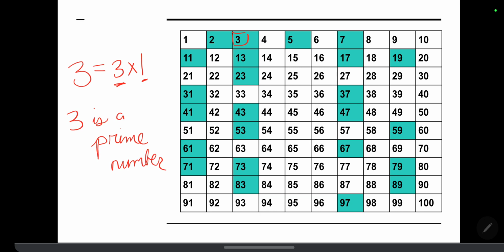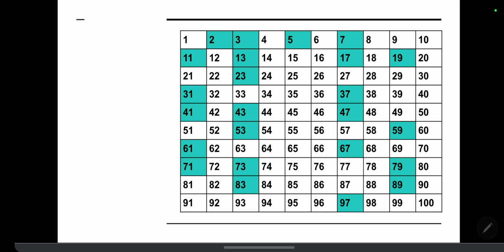Alrighty. Let's try one of these numbers in white. If all the blue numbers are prime, just as we see 3 is prime, then for sure the numbers in white are going to be composite numbers. So for instance, let's take 18. We have it being multiplied 18 times 1.